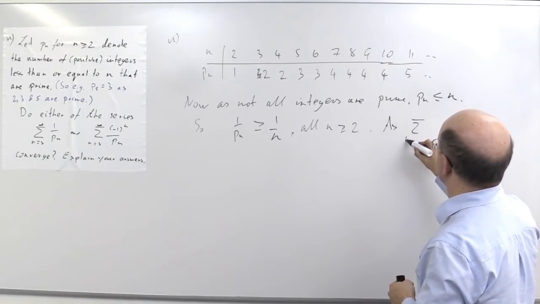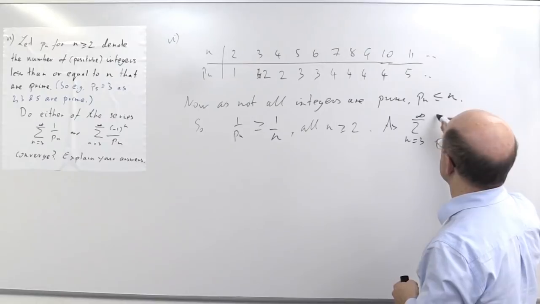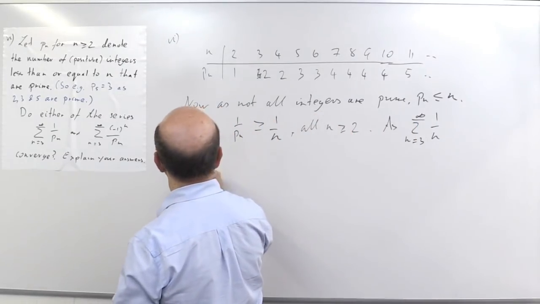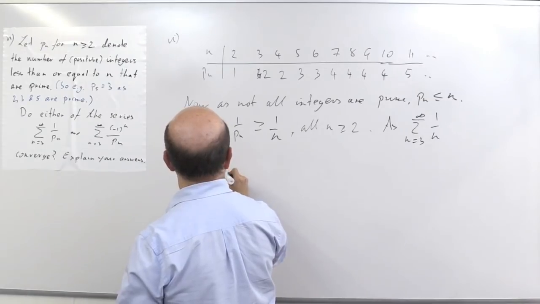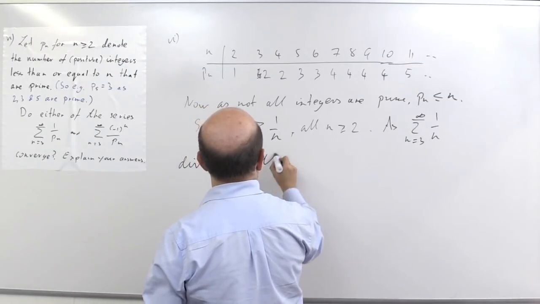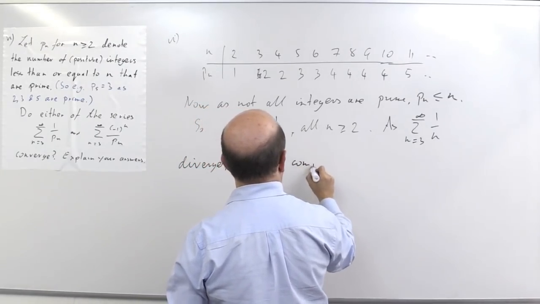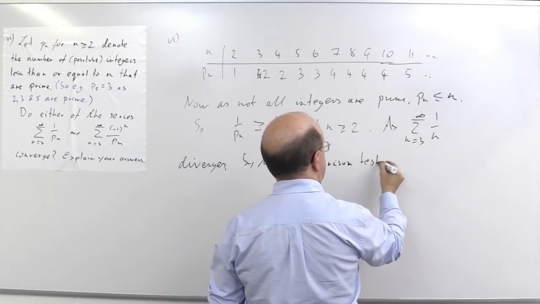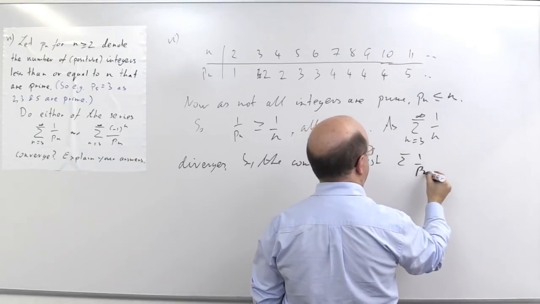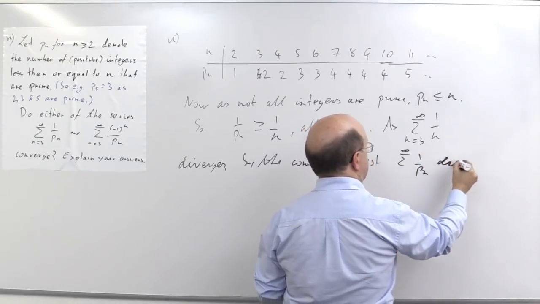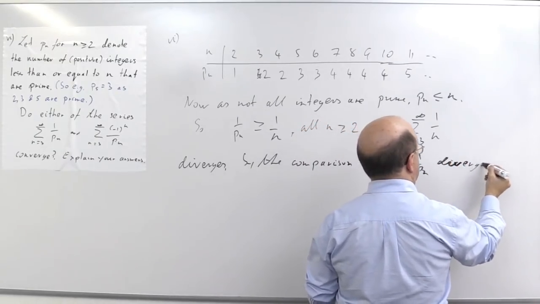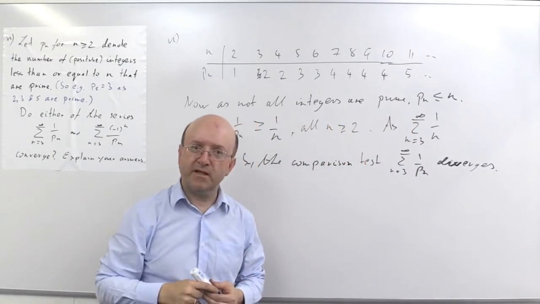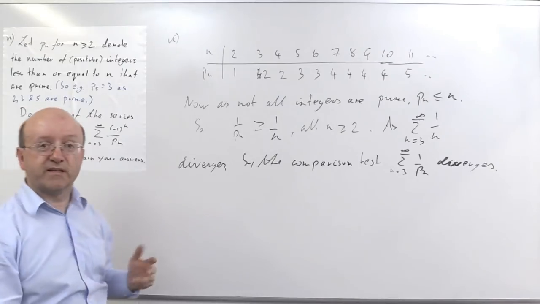As the sum from n equals 3, it doesn't make any difference, 1 upon n diverges by the comparison test, so sigma 1 upon Pn diverges. Okay, so the first series we've got here diverges.